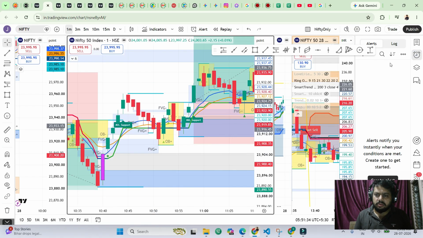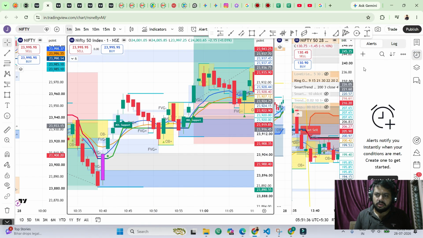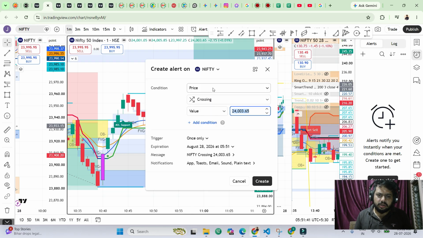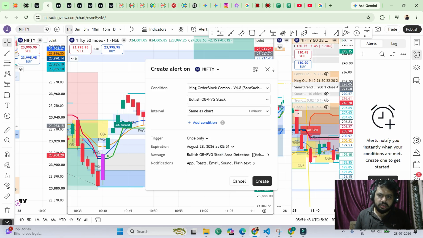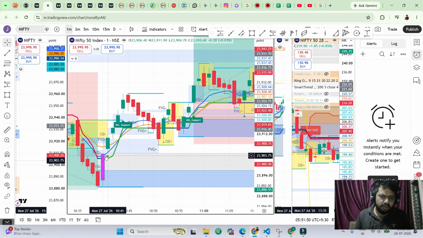If you have the subscribed version of TradingView, you can actually set an alert. Okay, king order block, bullish OB, order block plus FVG stack, which is called this particular diamond.